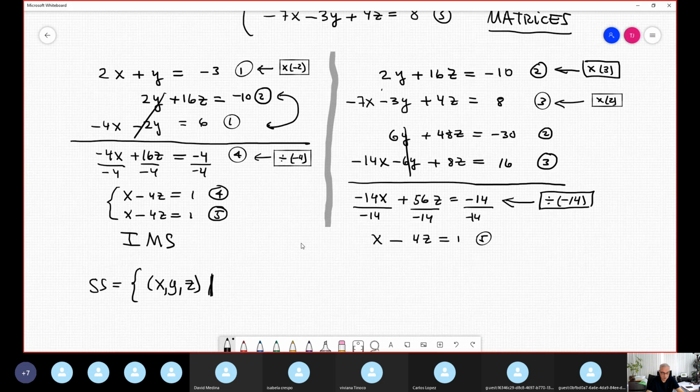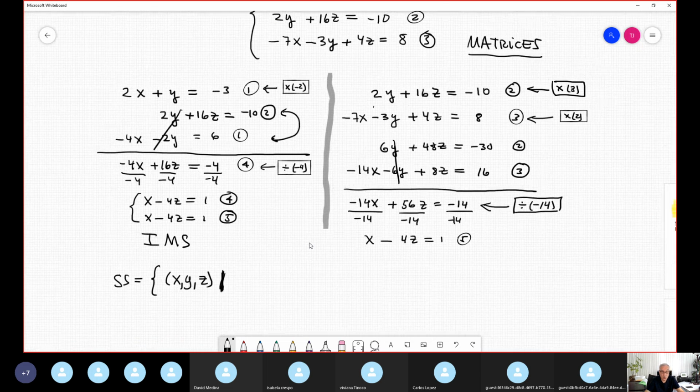So I need to declare or define one free variable or two free variables depending on the problem. In this case, I saw the connection, suppose I declare z free. Free means that z is any real number.